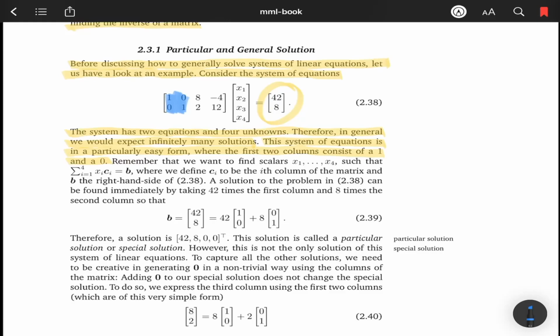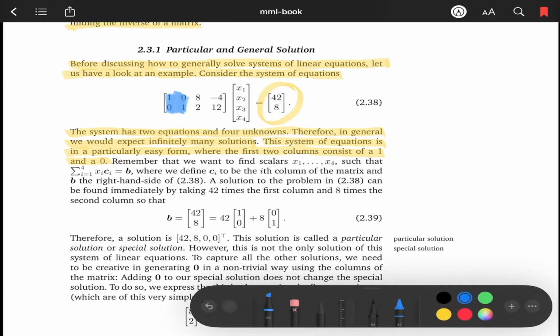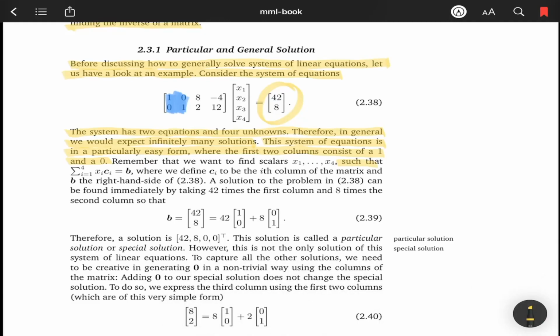Remember that we can find scalars x1 to x4 such that the sum of all x_i times c_i equals b. So basically, this here is the equation where we can find c_i to be the ith column of the matrix and b the right-hand side.